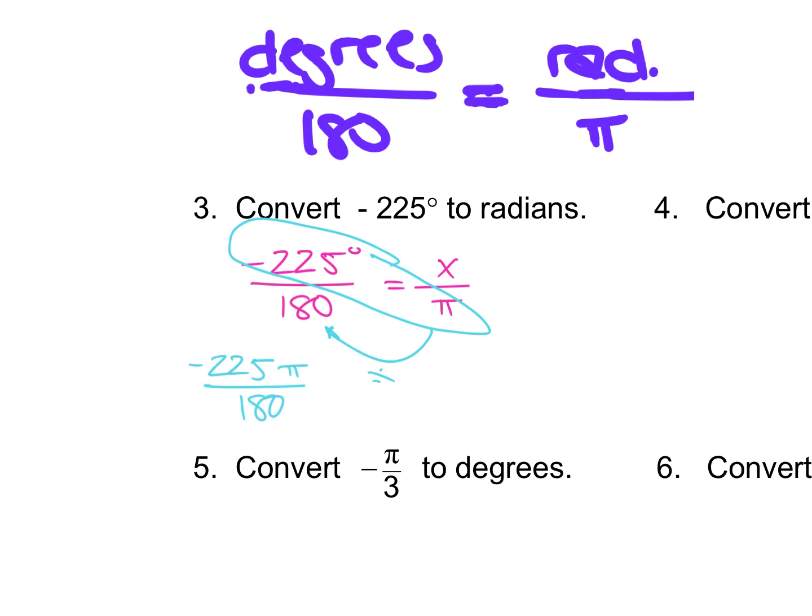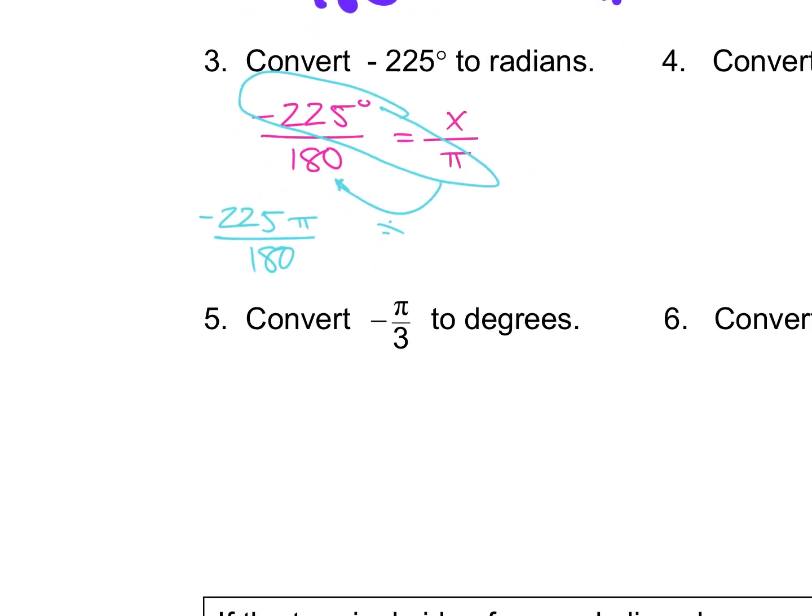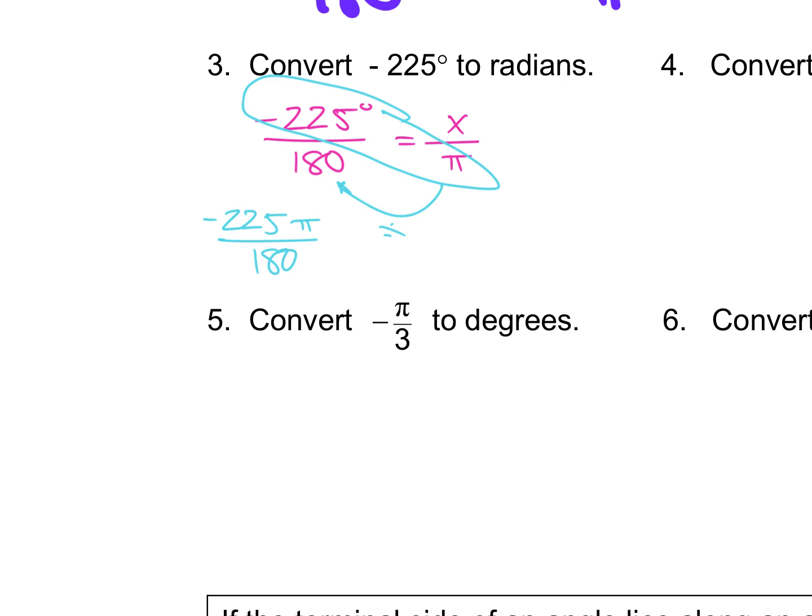Now I want to always simplify this. So what can I do in order to simplify this? I mean, if you don't know exactly what the greatest common factor is, what can we start dividing by? 5. We at least know it divides by 5, right? So 225 divided by 5 would give me negative 45.